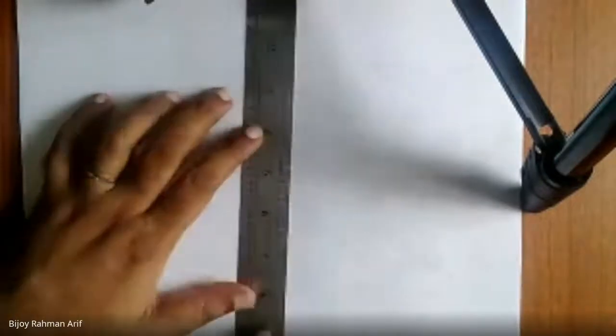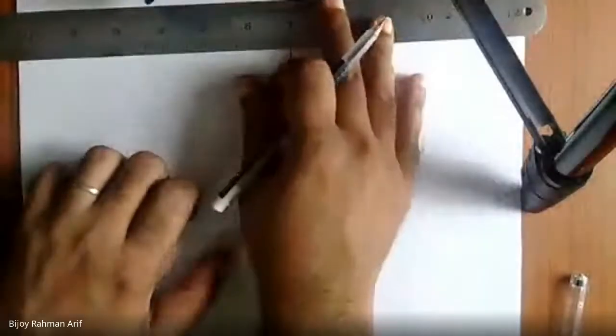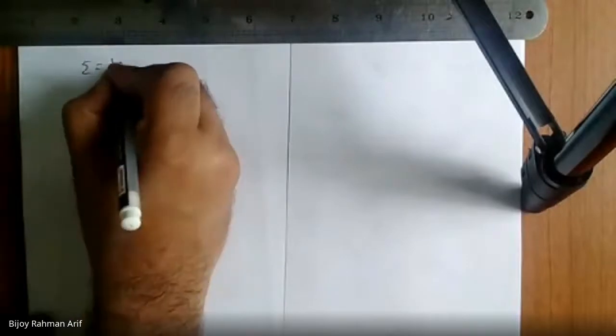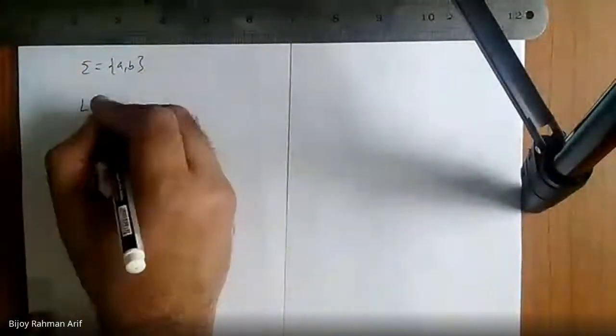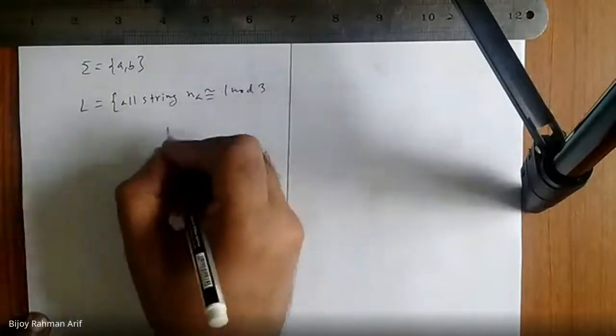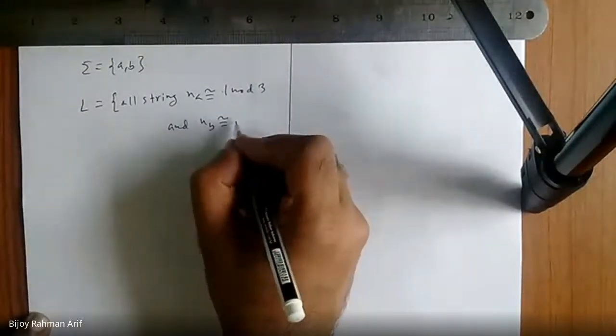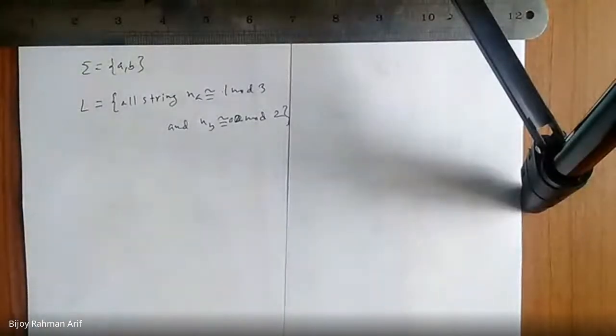Okay. Now let's do a little more complicated one. My alphabet is A comma B. My language is all strings where the number of A is 1 mod 3 and the number of B is 0 mod 2.